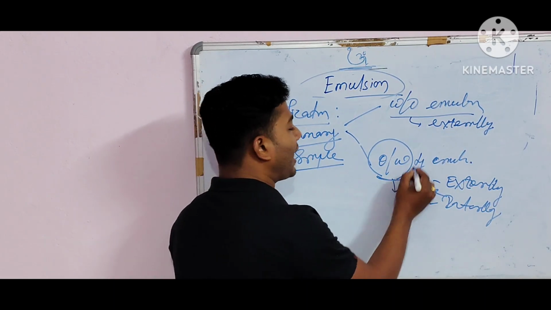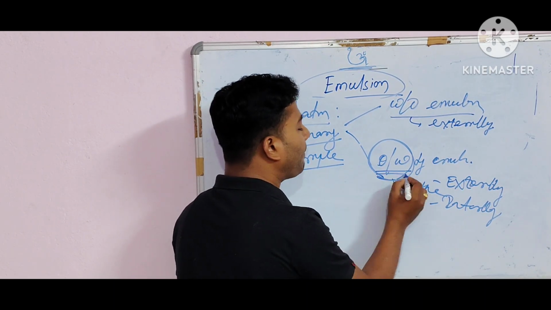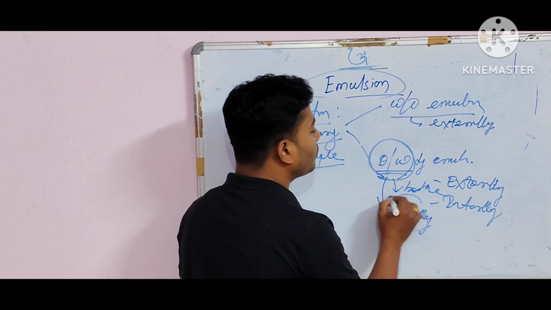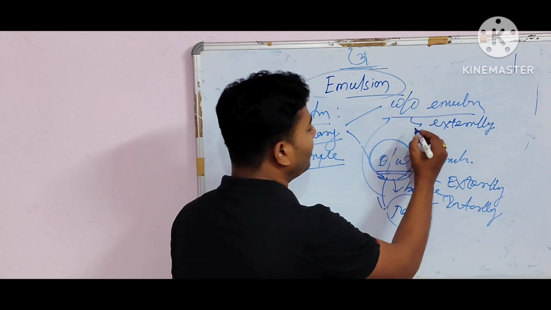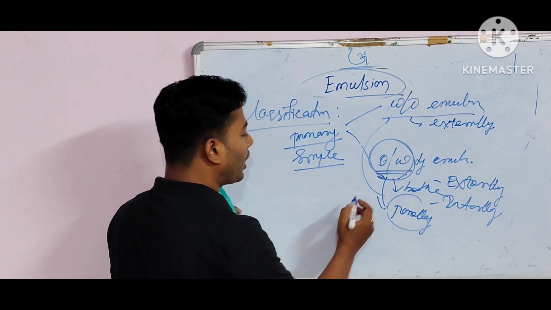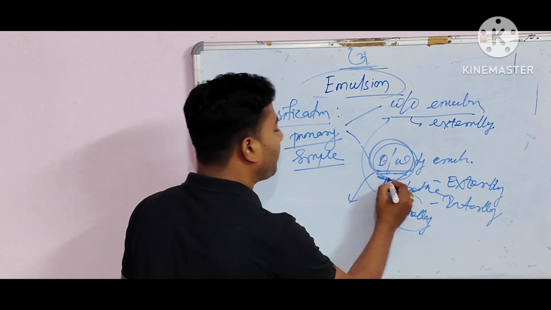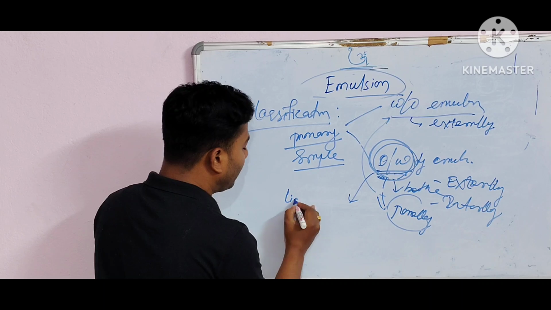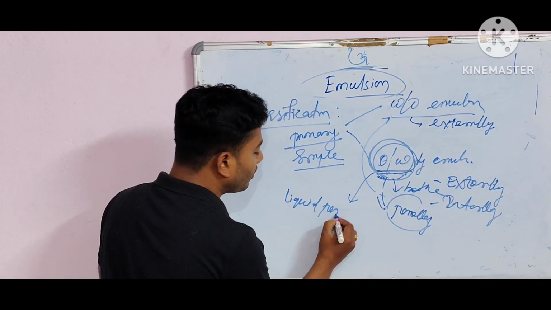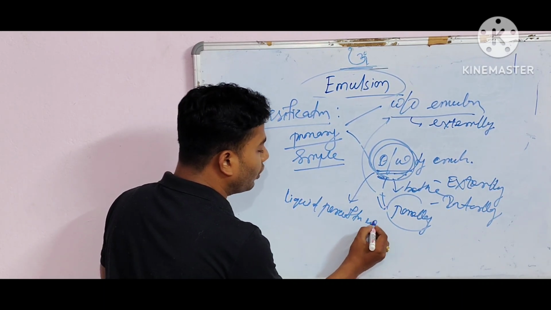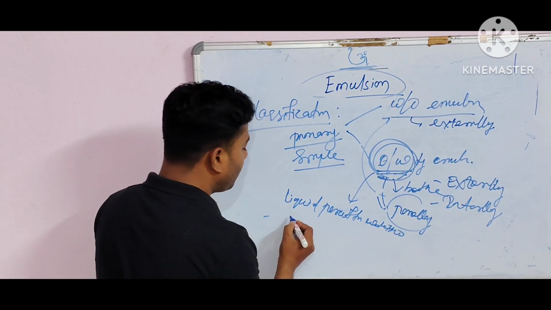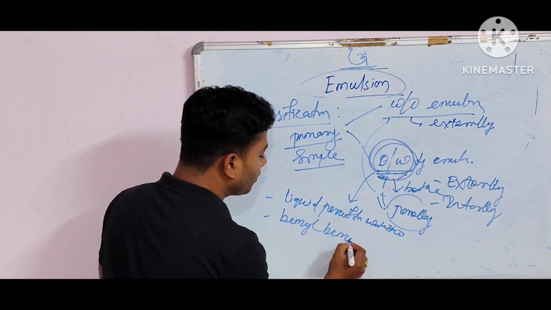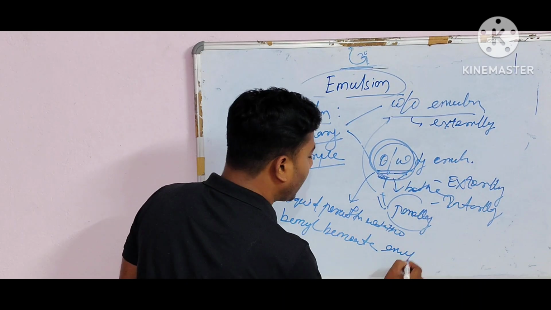And another question arises. Listen carefully. The O/W type of emulsions are used parenterally, compared to the W/O type of emulsion. Some examples of O/W type of emulsion are liquid paraffin with water, and another one is benzyl benzoate emulsion.